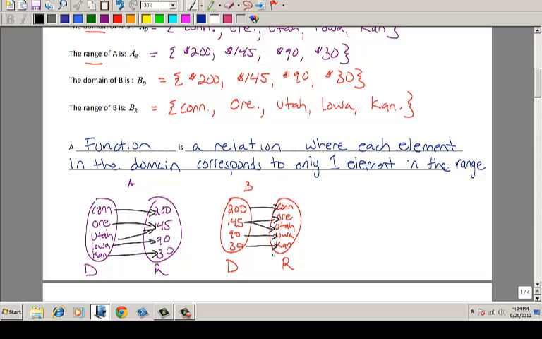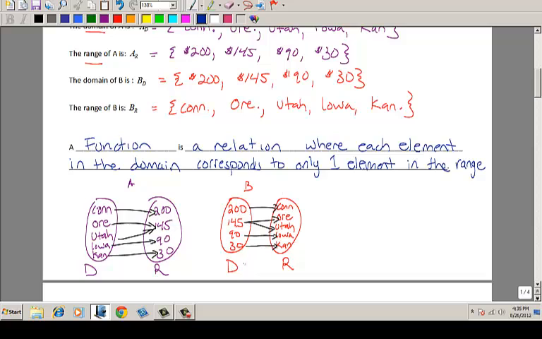The picture view here that we have is just going to help us understand the definition of a function that we have above. Now, what we said was a function is a relation where each element in the domain corresponds to only one element in the range. Let's look at it as something that is not a function first, so we can get a better understanding of this definition.